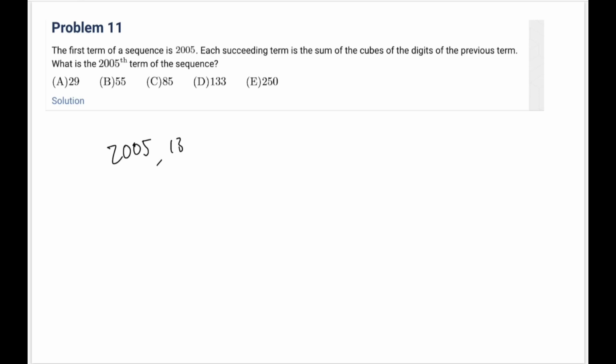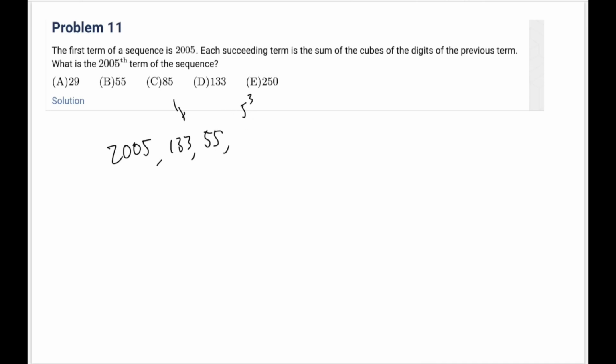And then 1 cubed plus 3 cubed plus 3 cubed, this is 1 plus 27 plus 27, so this is 55, right? So that will be 55.